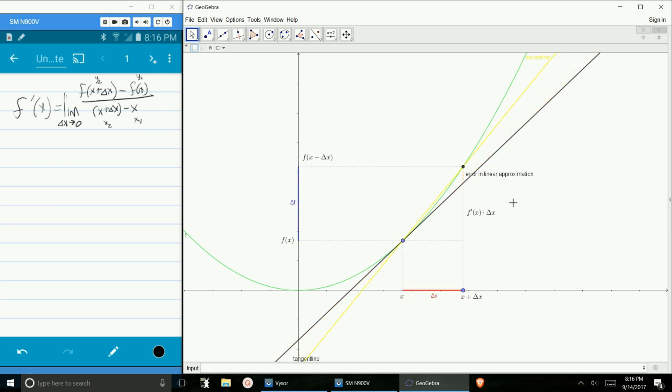And the error in any linear approximation you try to do goes down. So in other words, if we don't quite let delta x go to 0, if we let it be small, then this must be true. The value of the derivative is approximately equal to the slope of the secant line.